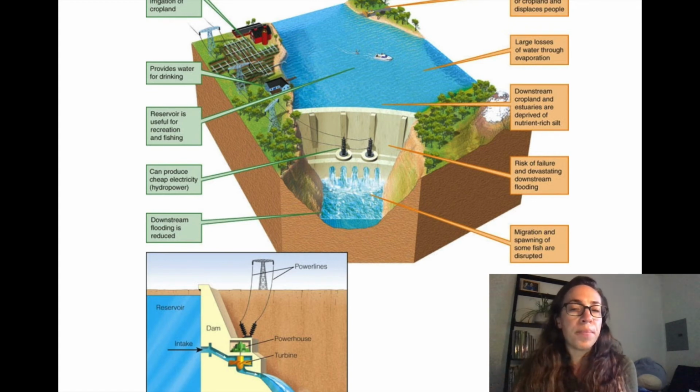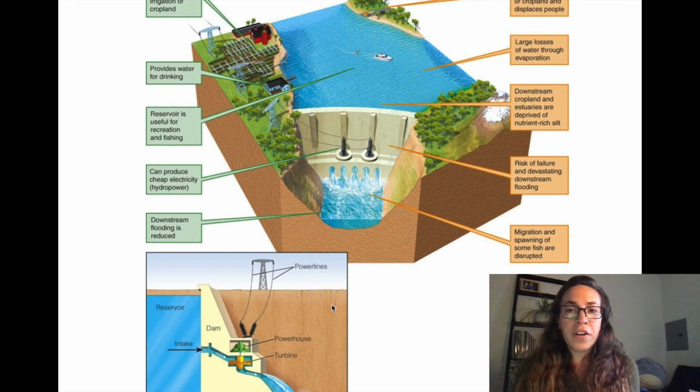The problem is communities that lived on this part of the river are going to be flooded, and so we can displace people, but we can also displace ecosystems. When you increase the surface area of the water, in other words, you have a reservoir instead of a river, you're going to have larger losses of water through evaporation.